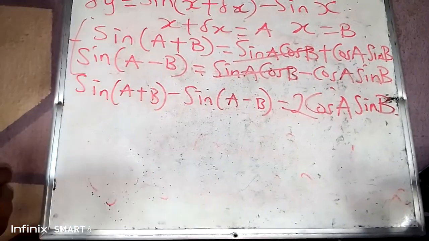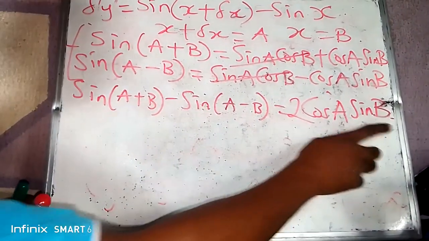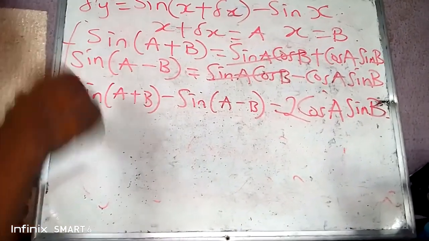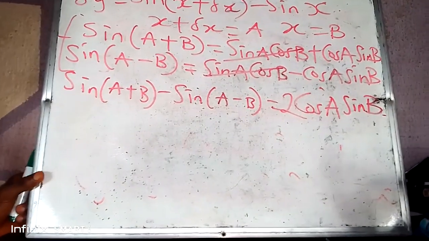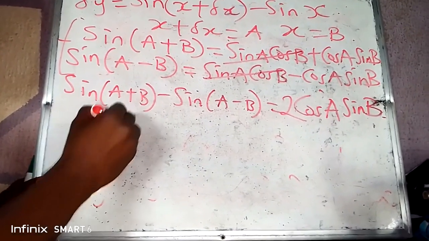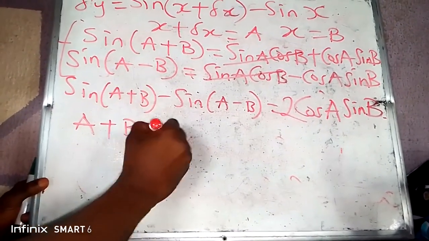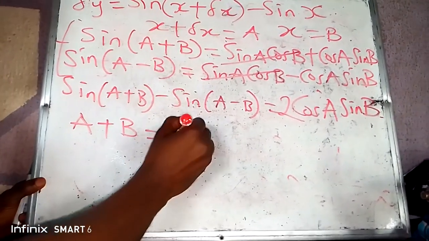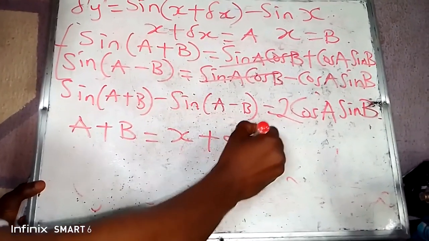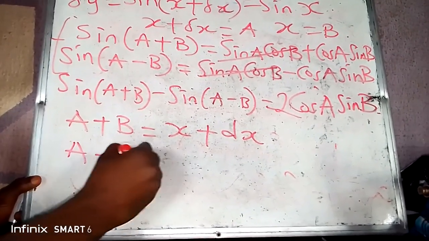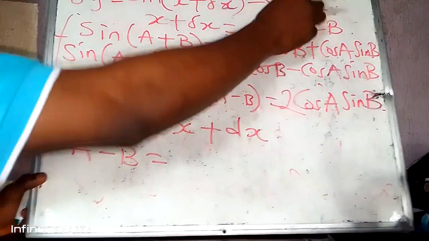Now after that, we need to get the value for a and b. And how do I get the value for a and b? Now go along with me. We know that our a plus b equals x plus dx, and our a minus b equals our x.